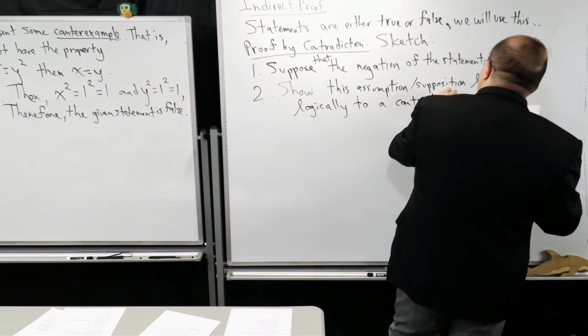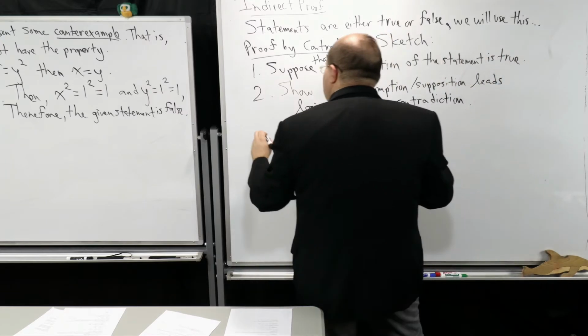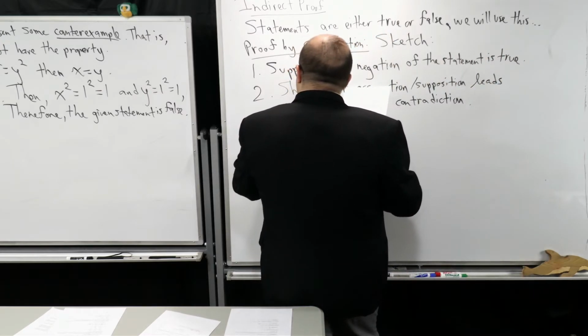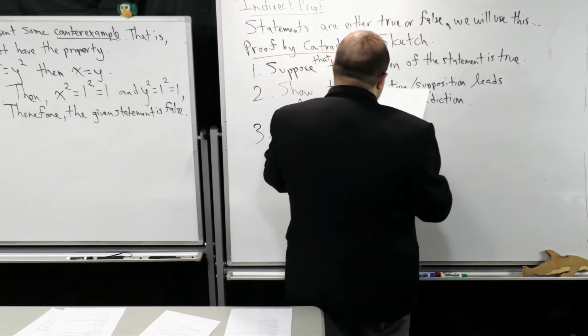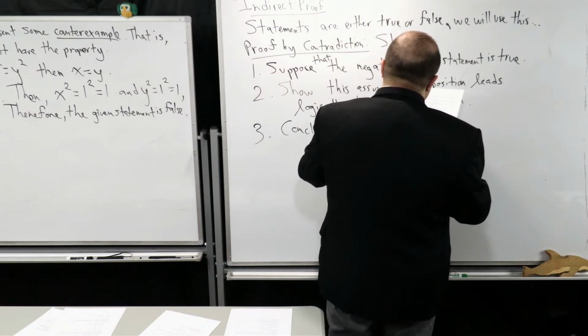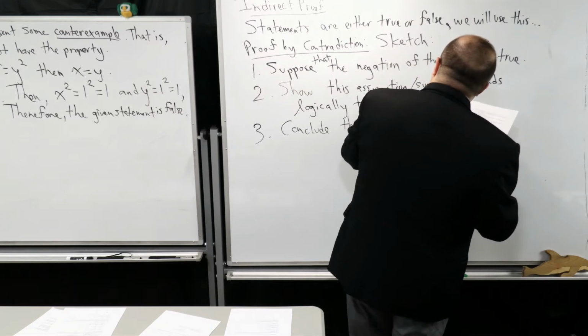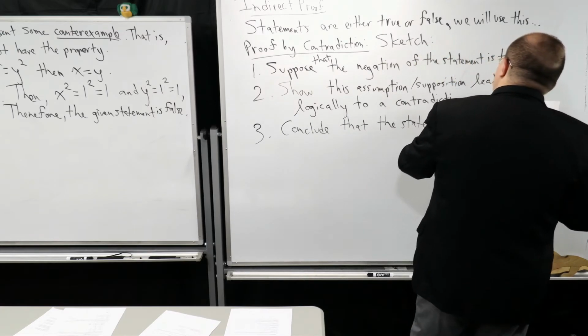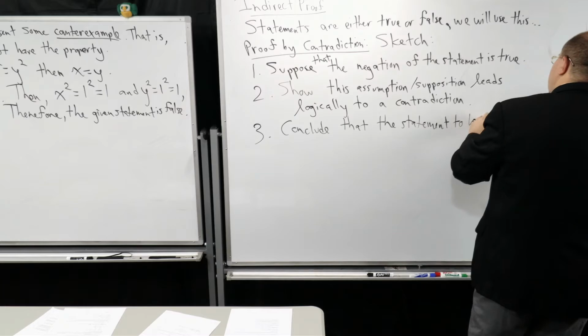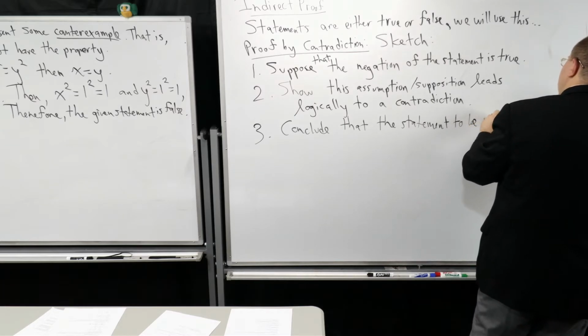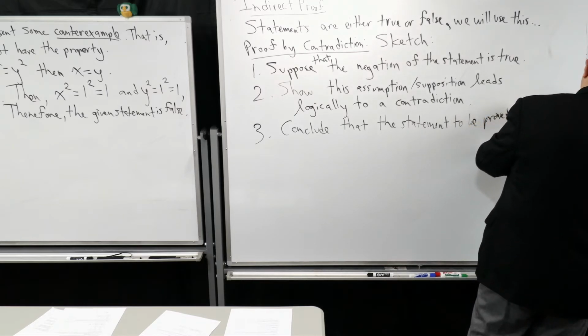So a statement that's always false. Then you just conclude that the statement to be proved is true.